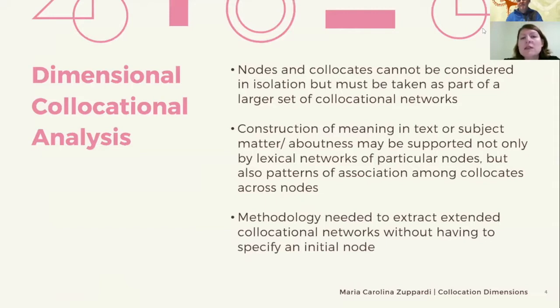My thinking is that nodes and collocates cannot be considered in isolation. They must be taken as part of a larger set of collocational networks. So if you consider a larger set of collocational networks, can we say the construction of meaning, or subject matter, or aboutness can be supported not only by the lexical networks of particular nodes, but also by patterns of association among collocates across nodes?